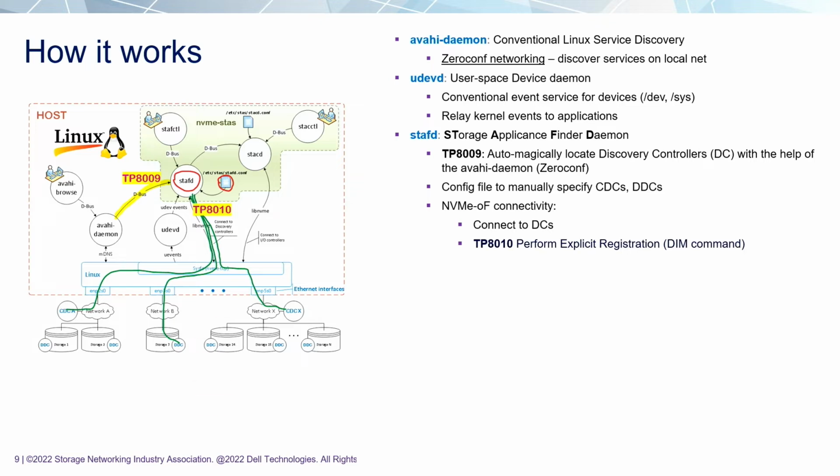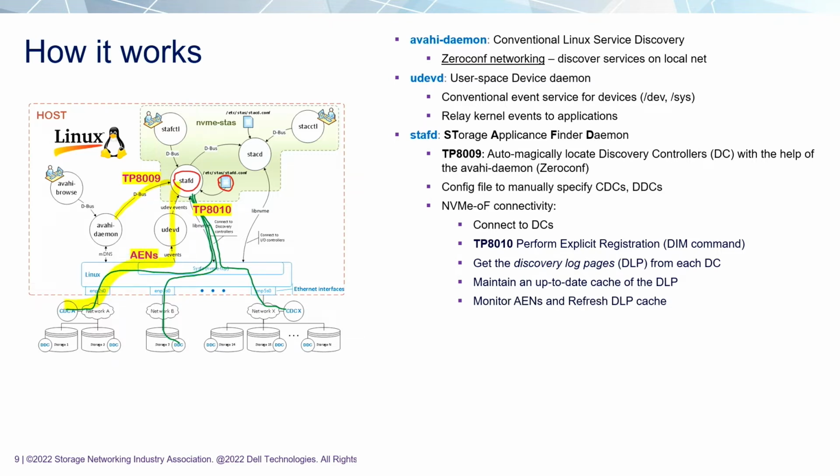Once it connects to discovery controllers, it performs the explicit registration, what is called the DIM command, and issues the get discovery log page command to the discovery controller, and in this way, all the discovery log page entries related to this host are retrieved by stafd, and everything is then put in its own cache of discovery log pages that is kept up to date.